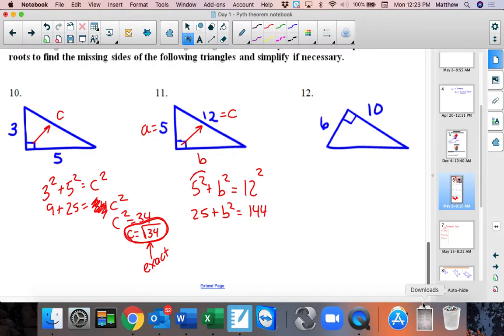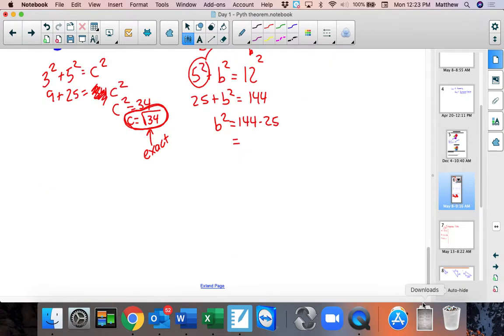If you'd like, you can subtract 5 squared from 12 squared right away, or write that over there, but I just like doing it this way. So B squared is 144 minus 25. That equals 144 minus 25, 119.